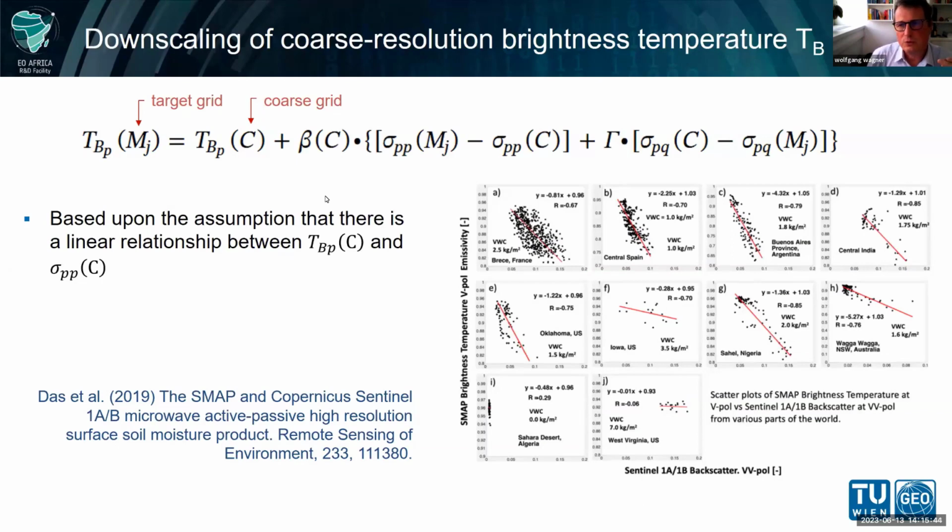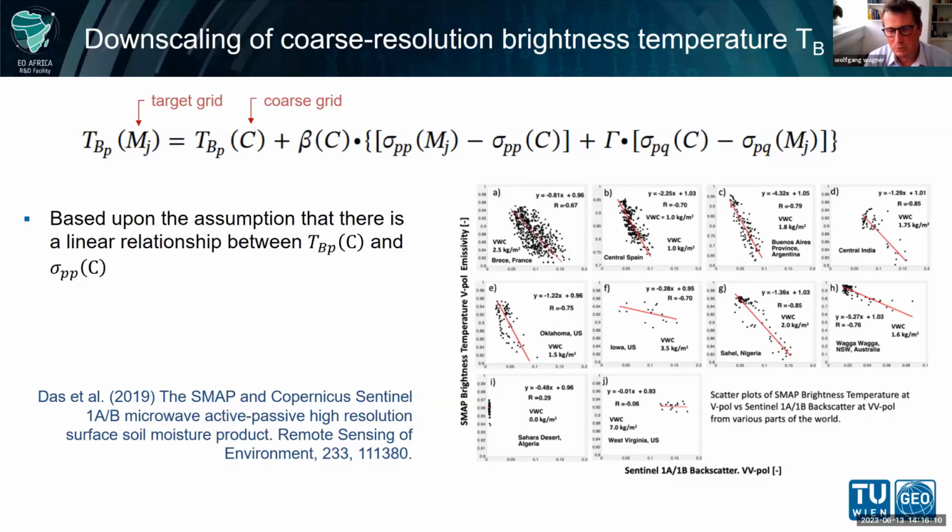What the SMAP team is doing is building a relationship between backscatter data at the pixel scale and backscatter data at the coarse scale. So C stands for the coarse scale, with the brightness temperature data at the coarse scale and the target grid. And by establishing this relationship, they downscale the brightness temperature data.